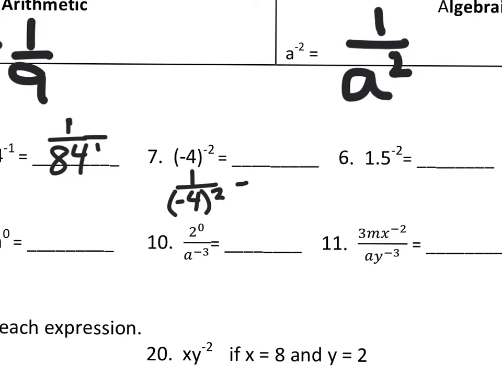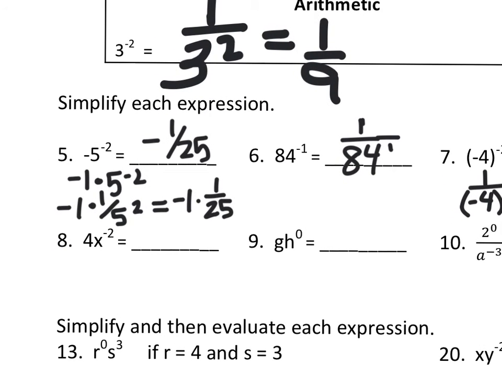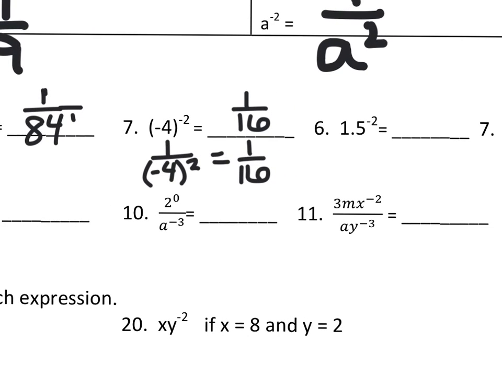So now we've got 1 over, and then we've got to take negative 4 and square it. So that's negative 4 times a negative 4, and we know that a negative times a negative is a positive. So that's going to be a positive 1/16. So in number 5, the negative was not part of what was being squared, but in number 7 it is because of those parentheses. Okay, parentheses are something that it's important to pay attention to.